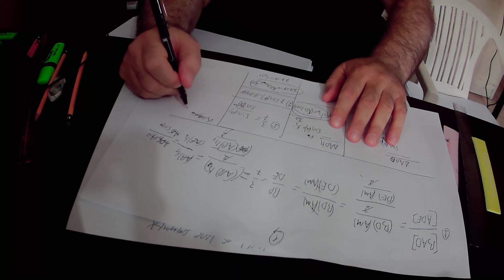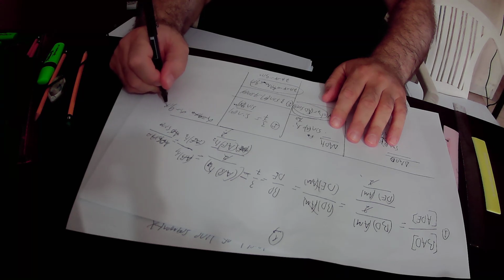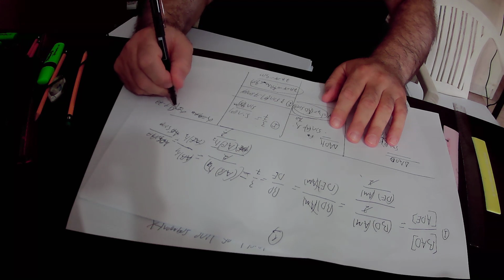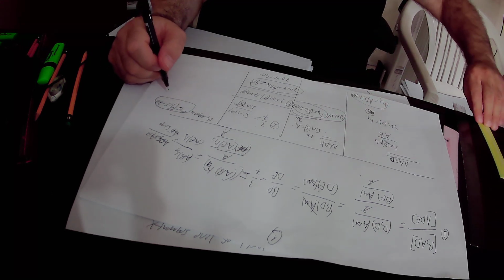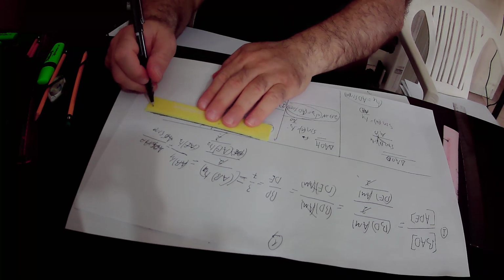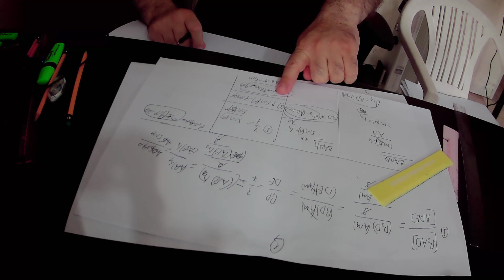Again, angle alpha equals 90 degrees minus 2 theta. So now we can substitute angle alpha in equation number 1 by 90 degrees minus 2 theta.